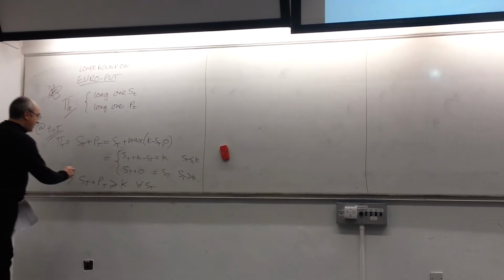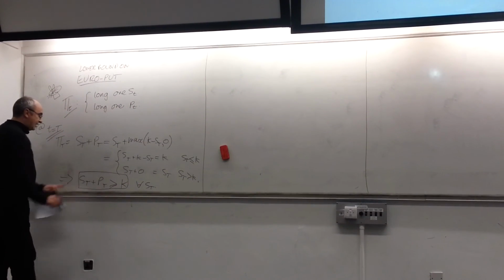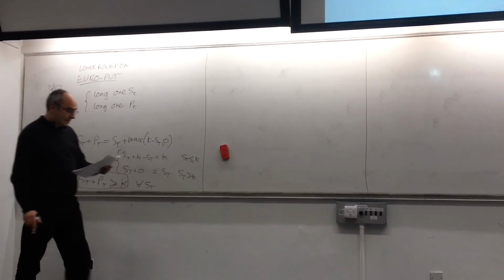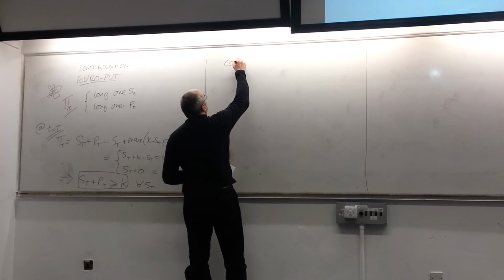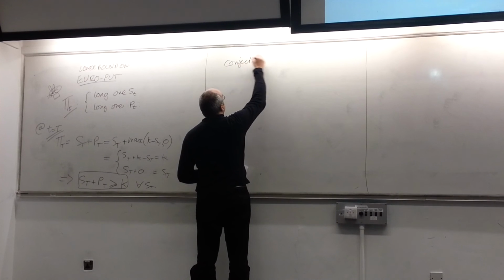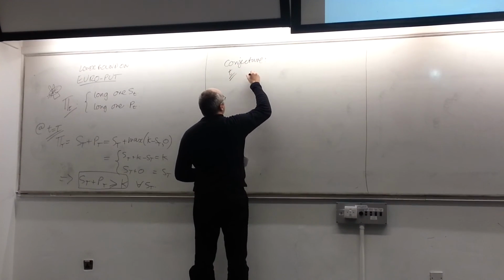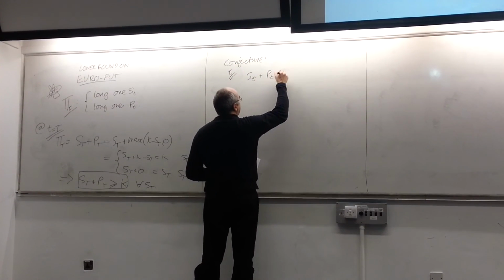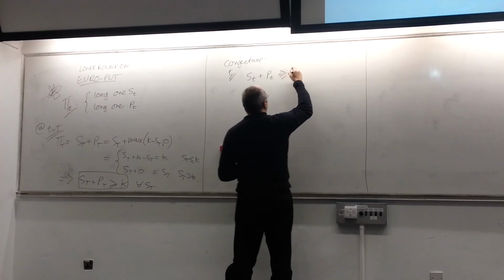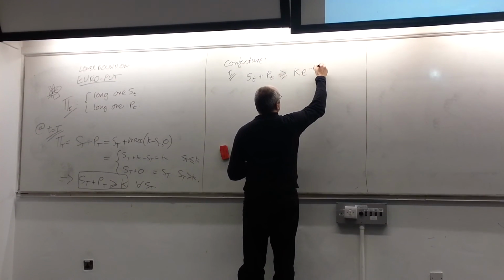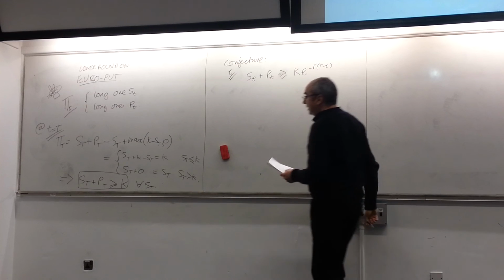So that's certainly the first idea, that at expiry that's the case. Then the conjecture is that at time t, you have S_t plus P_t must be greater than or equal to K e^(-r(T-t)). Why is that?